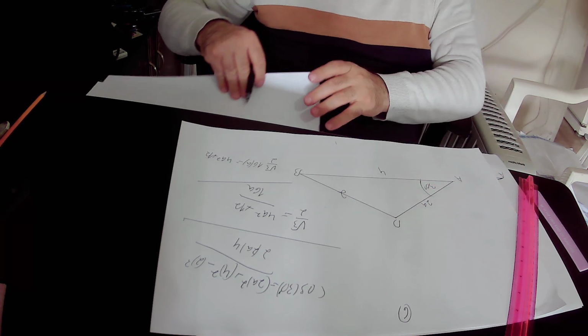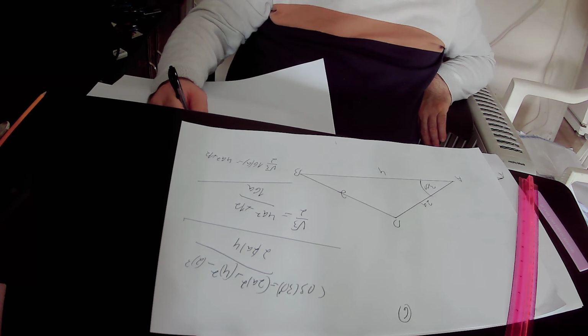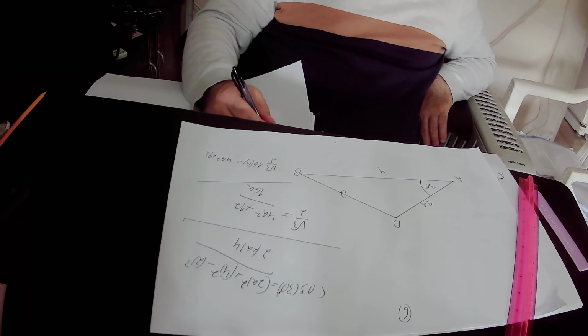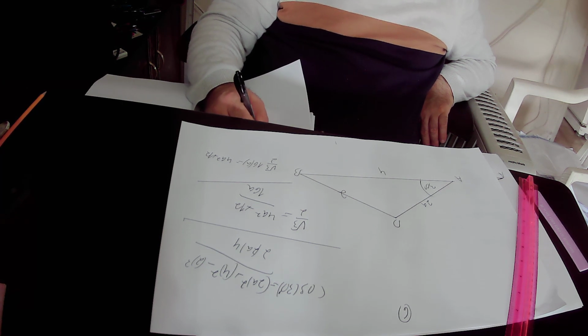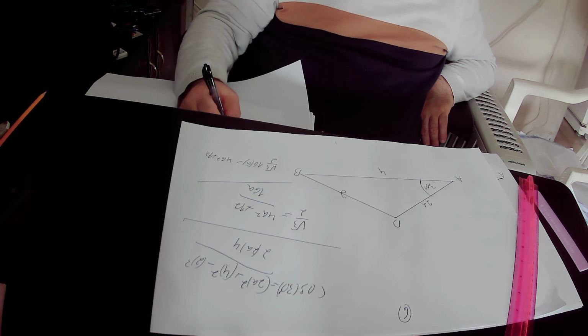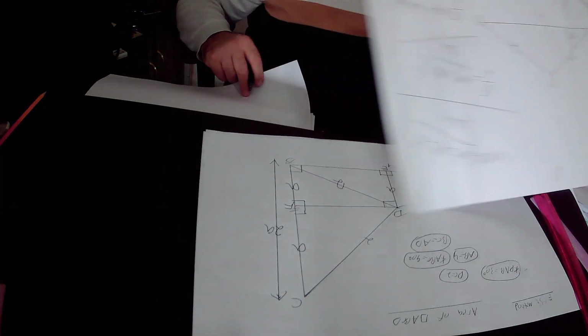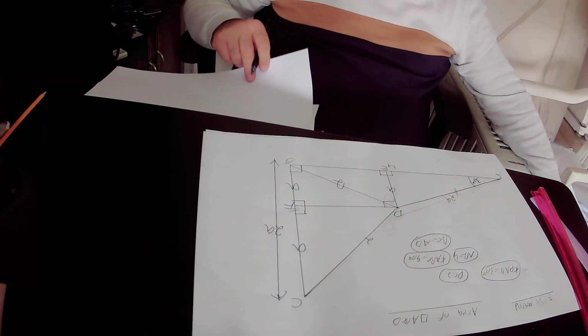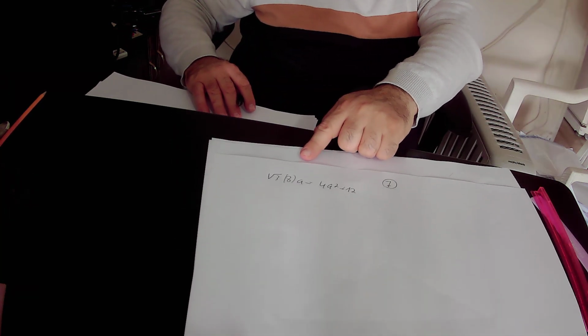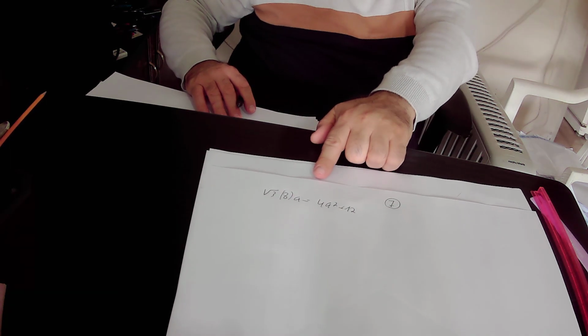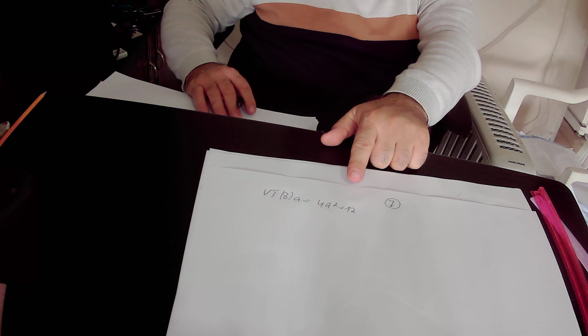We will get here that square root of 3 times 8a equals to 4a squared plus 12. I'll repeat again. We got the square root of 3 times 8 times a equals to 4a squared plus 12.